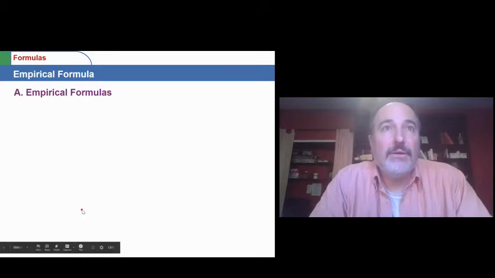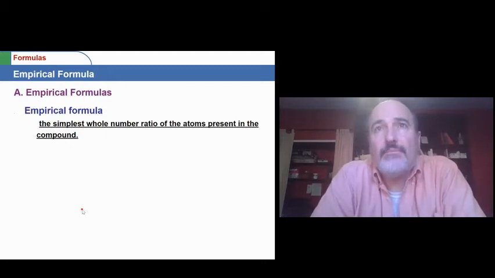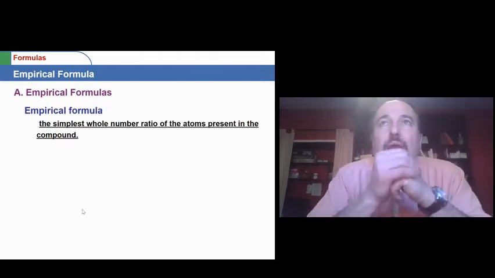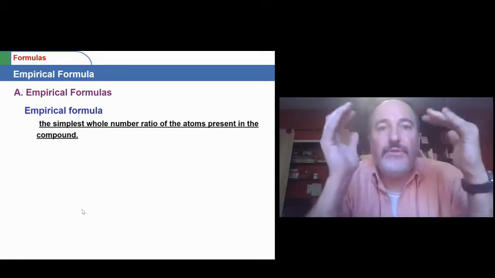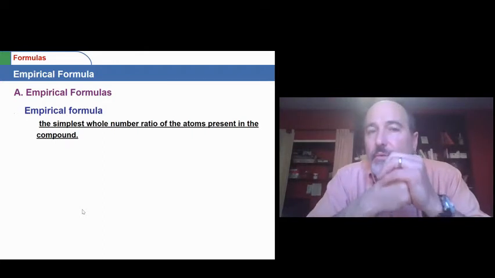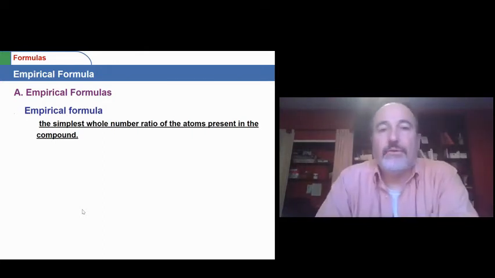Empirical formulas are the simplest whole number ratios of the atoms present in a compound. It may not necessarily be the chemical formula of that particular compound, but if you took all of the subscripts and reduced them down to the lowest possible whole number ratio, that would be an empirical formula.